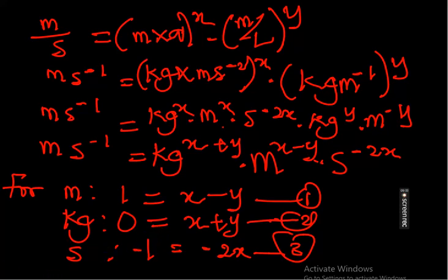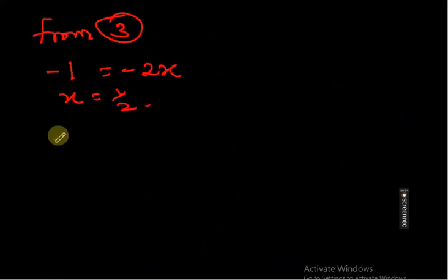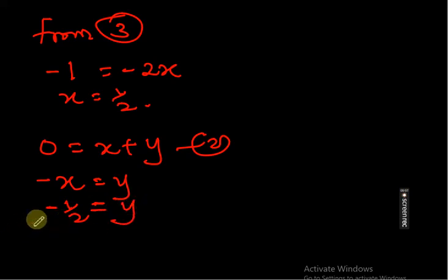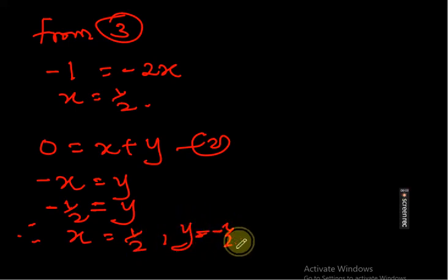From equation 2, you have 0 equals x plus y. We can make y the subject of the formula, so we move x to the other side. So you have minus x equals y, and x initially is 1 over 2, so y is minus 1 over 2, and you have the two values. Therefore x equals 1 over 2, y equals minus 1 over 2.